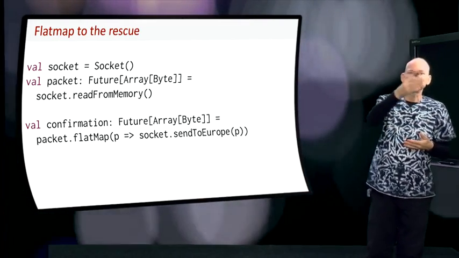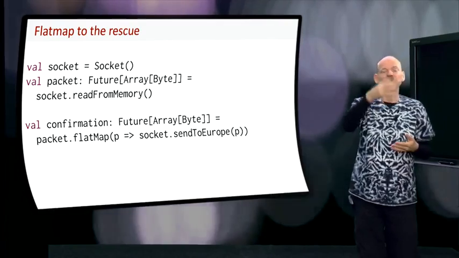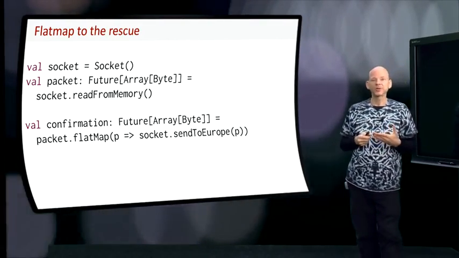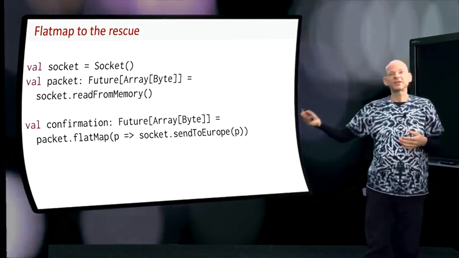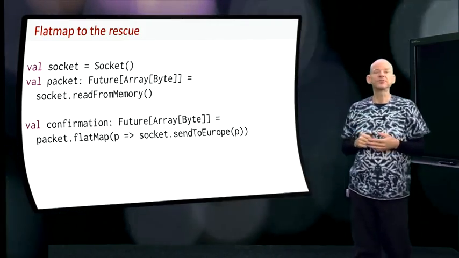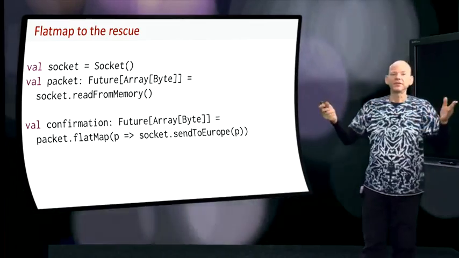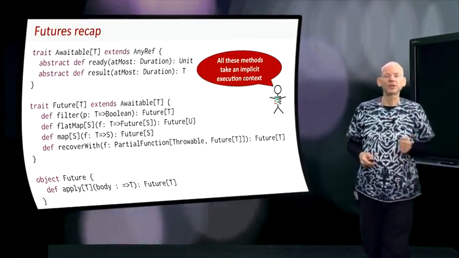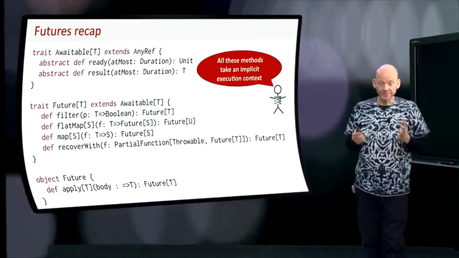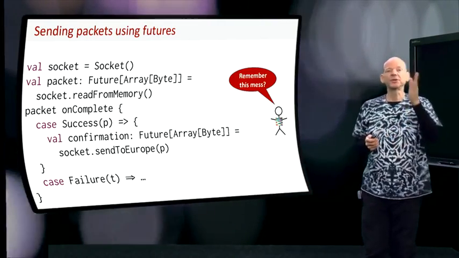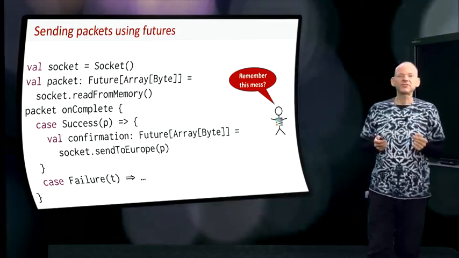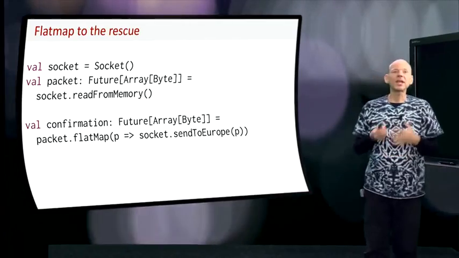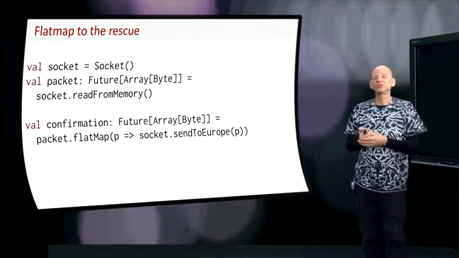So flat map will take a future of array of bytes and give us in that function, P is now of type array of bytes. And now we can send it to Europe, which would return a future of array of bytes. And the type of flat map will all work out. All right? So I'm pretty sure that you agree that this code looks messy and this code looks beautiful. So again, flat map comes to the rescue.